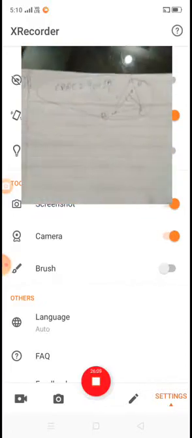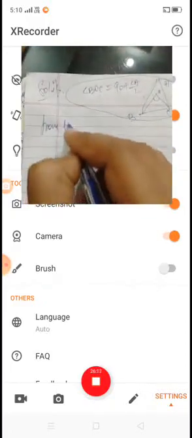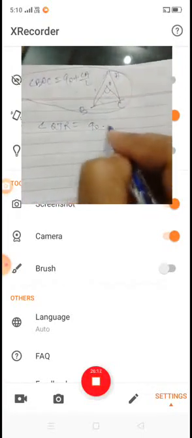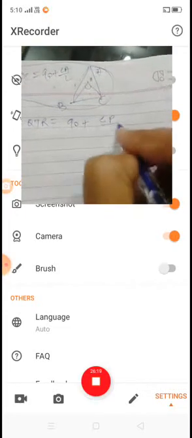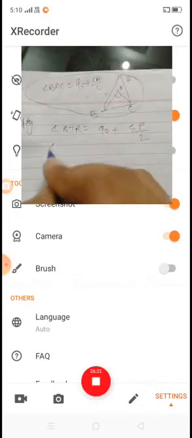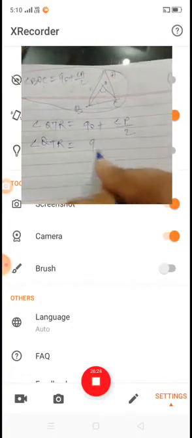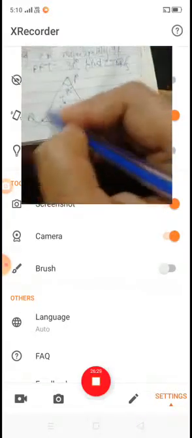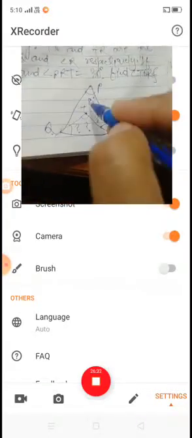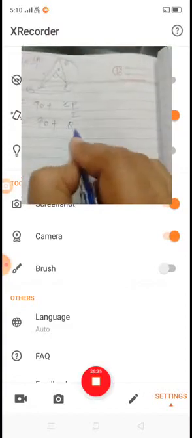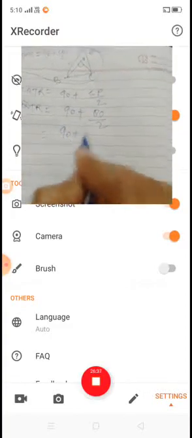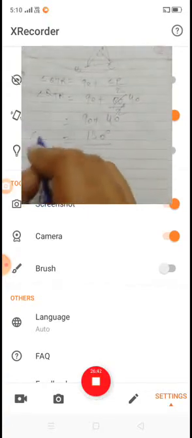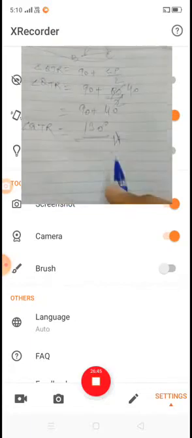So similarly here from the figure, angle QTR is equal to 90 plus angle P by 2. Angle P means angle QPR, that is 80 degrees. So 80 upon 2 gives 90 plus 40, that is 130 degrees. Angle QTR is equal to 130 degrees.